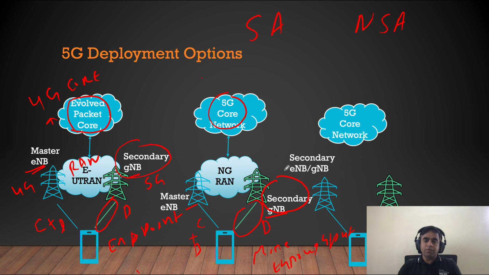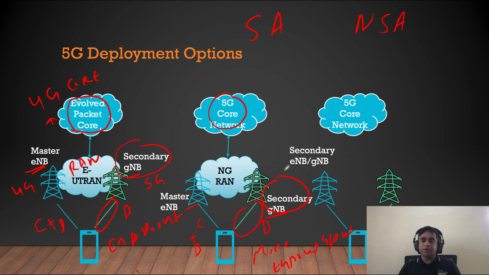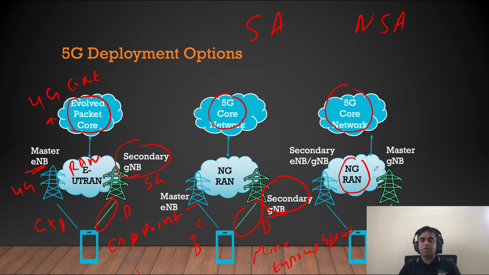Now, if we look at the standalone deployment, in this you have your 5G core, then you have your next gen RAN, and your master node. This is the point to note here. The master here is G node B, which was not the case with these two.